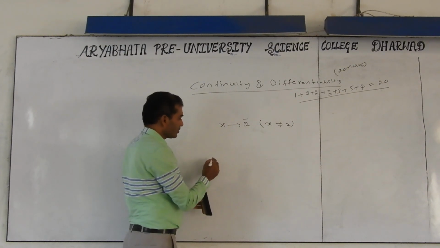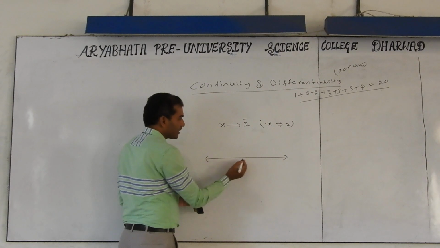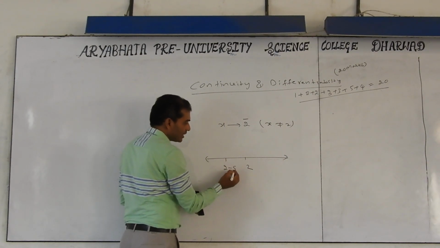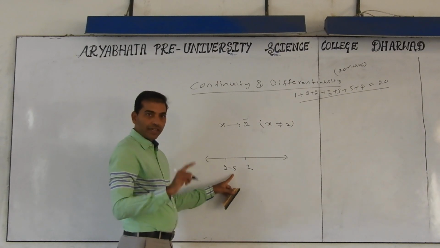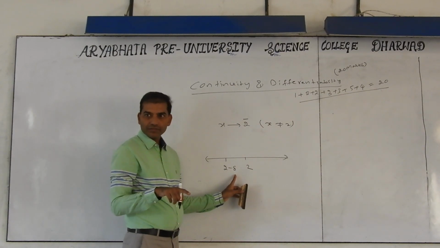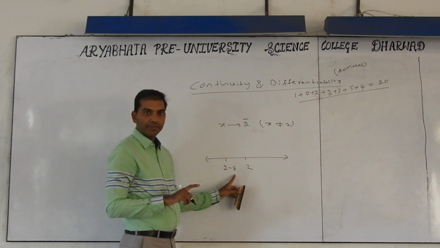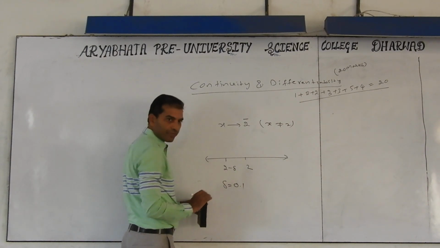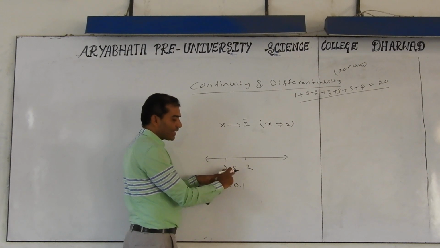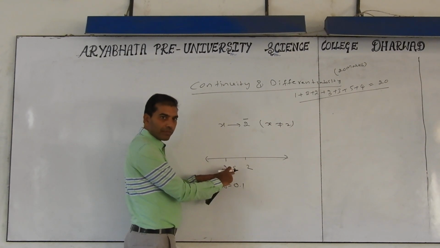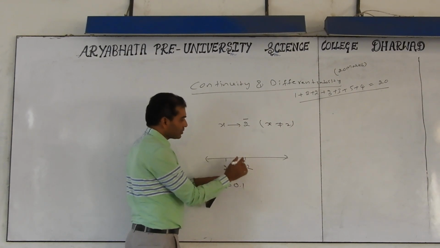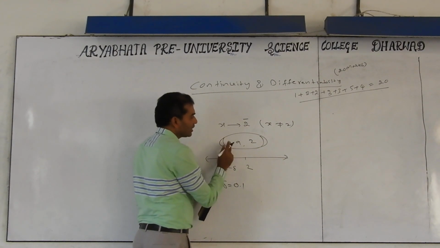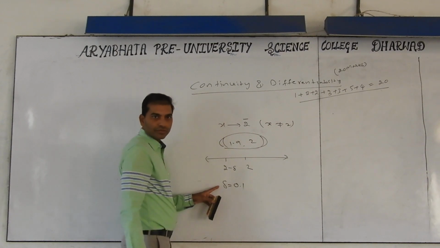For example, let this be 2, and I am taking 2 minus delta, where delta is a very small, negligible value. If you take delta equal to 0.1, then 2 minus 0.1 is 1.9. So the interval 1.9 to 2 represents the left neighborhood of 2.